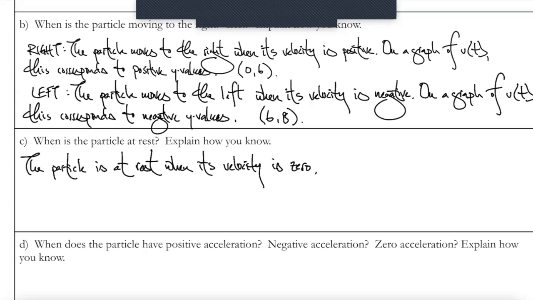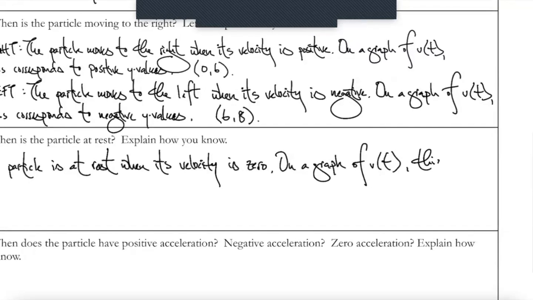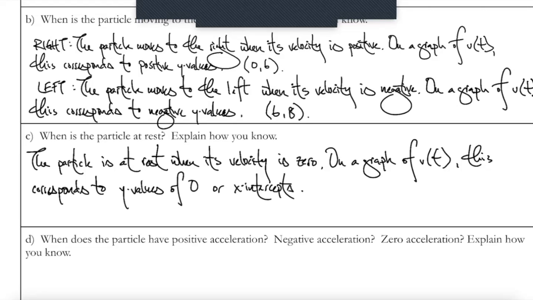So on the graph or on a graph of v of t, this corresponds to, maybe we could say y values of 0 or x intercepts. Perfect, perfect. Great teamwork there.